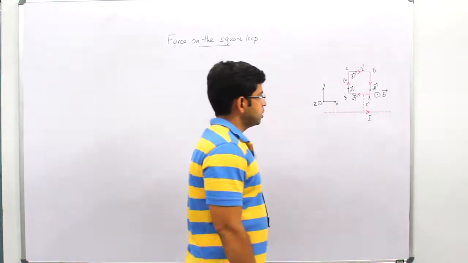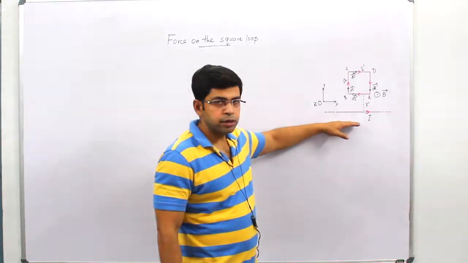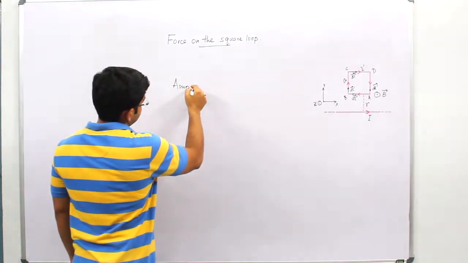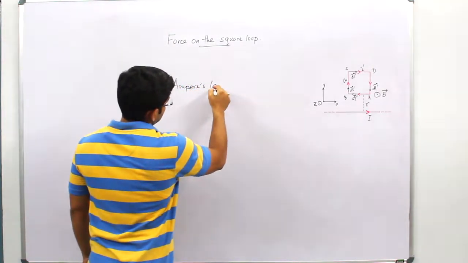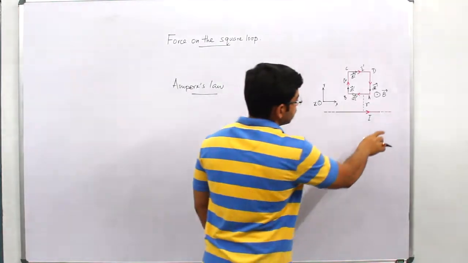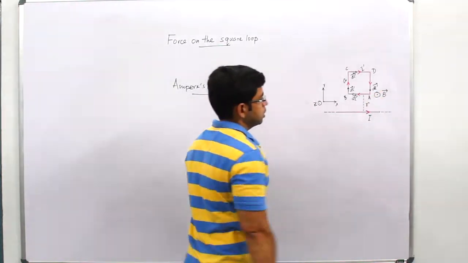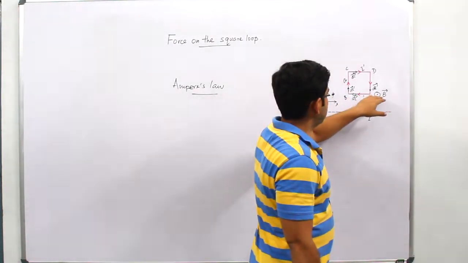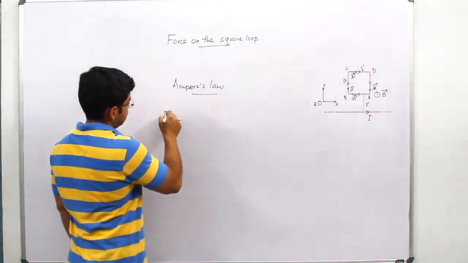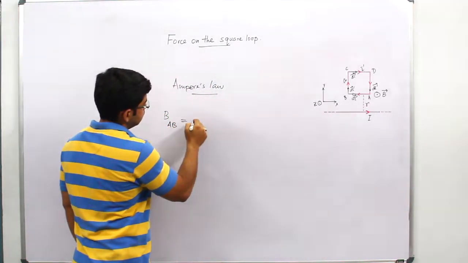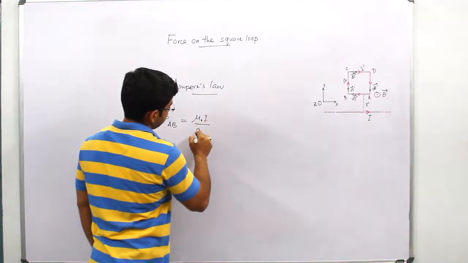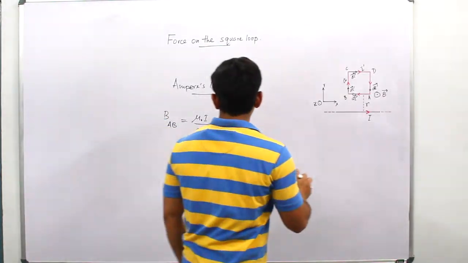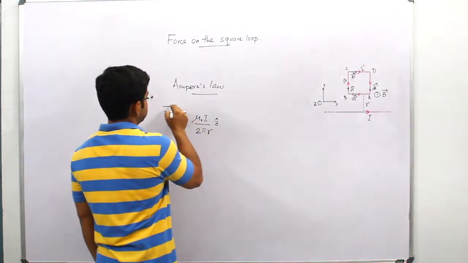The magnetic field B that will be created by this infinite conductor will be, according to the prescription of Ampere's law, if we consider an Amperian loop of radius say r, then the magnetic field at the position of this arm AB will be B at AB equals μ0 I by 2πr, and the direction of the magnetic field will be along the z direction.